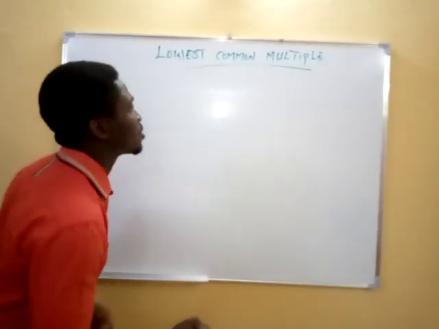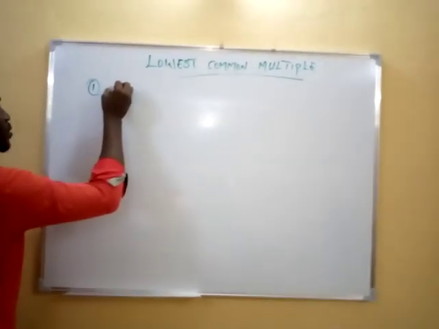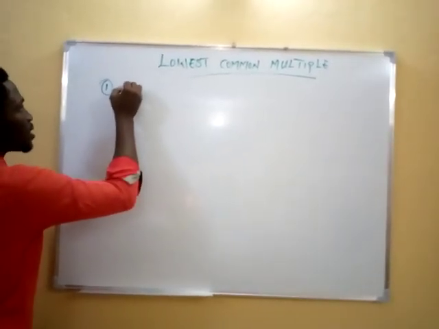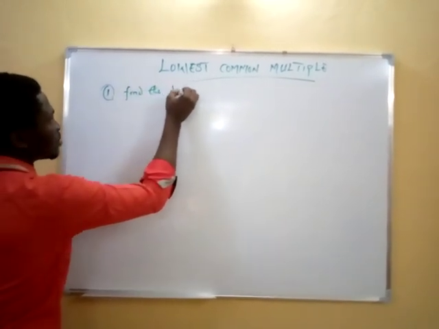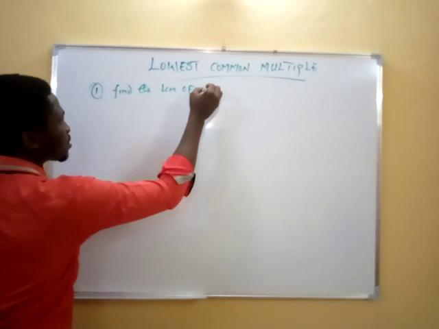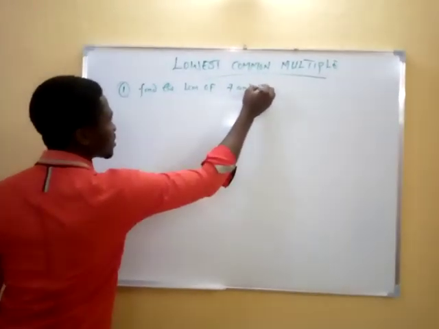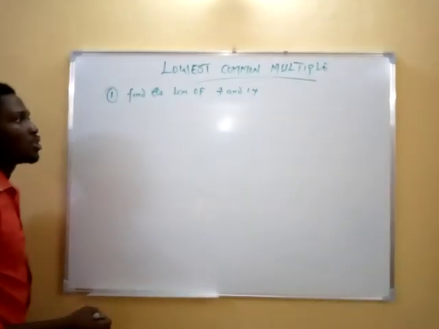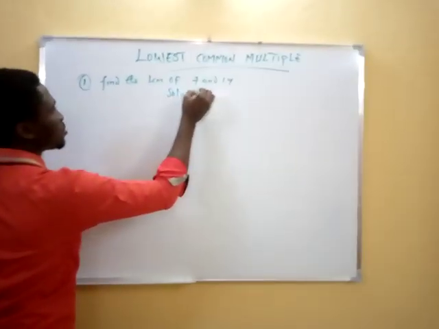So we'll start straight using an example. If, for example, we have to find the lowest common multiple, that's LCM, of, let's say, 7 and 14. All you need to do is to just draw your division table.